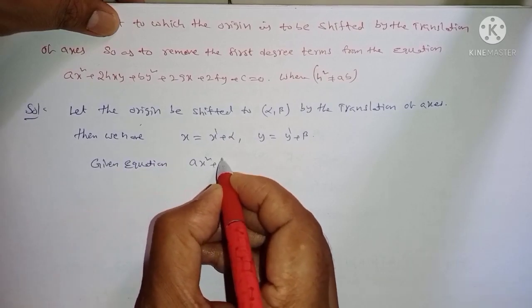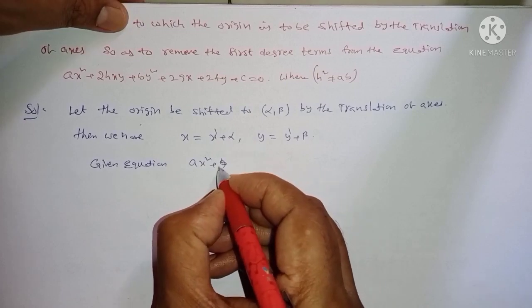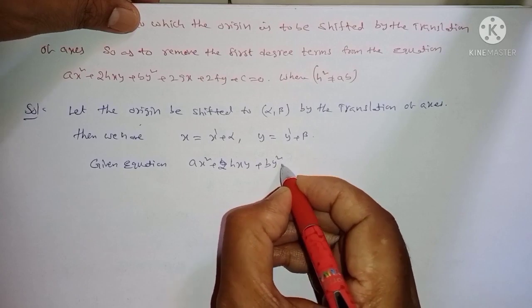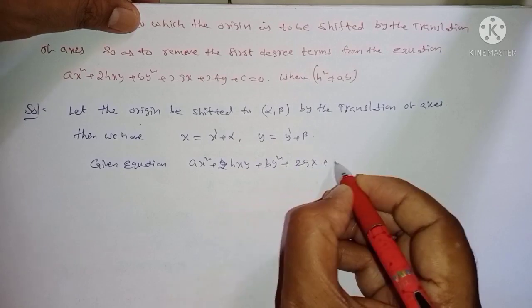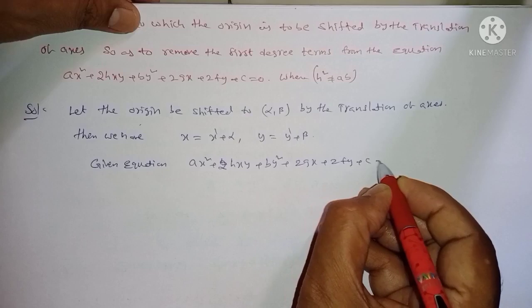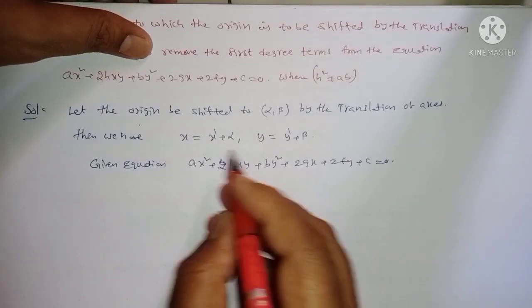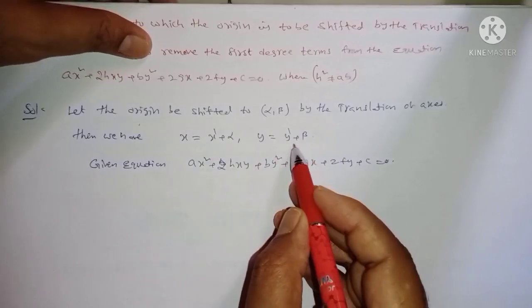ax square plus 2hxy plus by square plus 2gx plus 2fy plus c is equal to 0. In place of x and y, you can substitute x dash plus alpha and y dash plus beta.